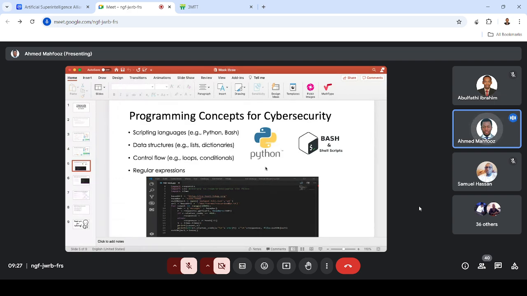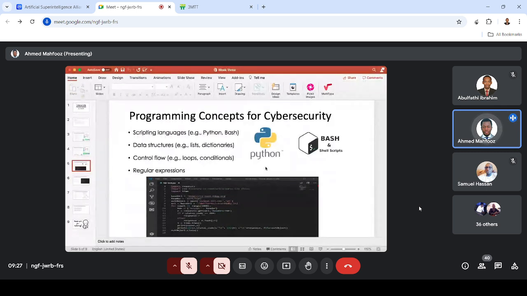Then we have the high-level languages, which are the scripting languages, the syntax you write in your programming script. For example, when you are writing a Python script, you have the if statement, else if, and so on. Those are examples of high-level languages.